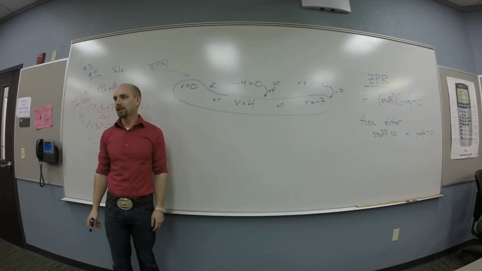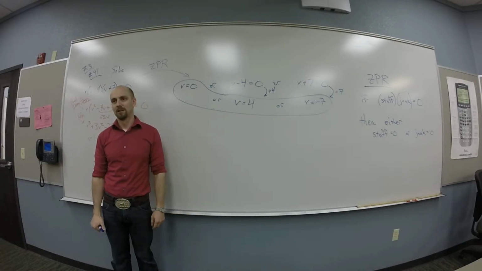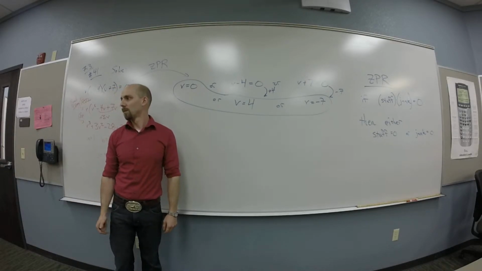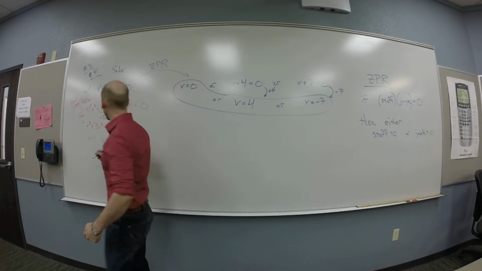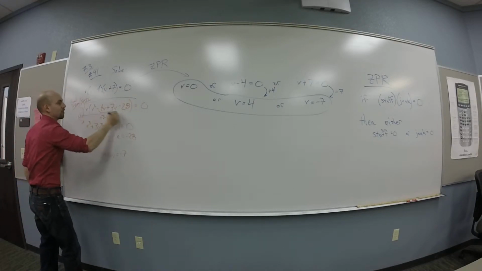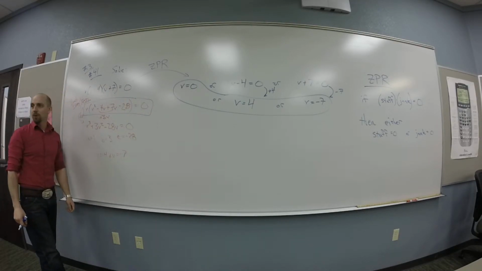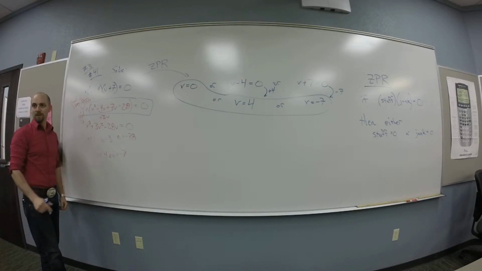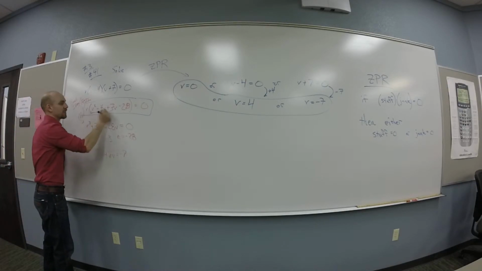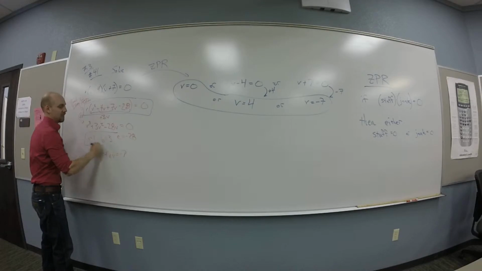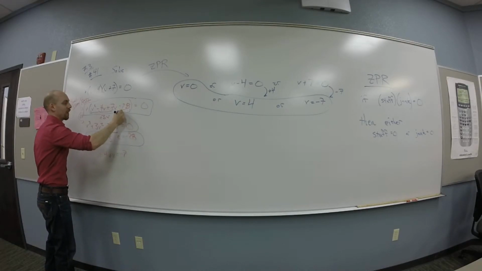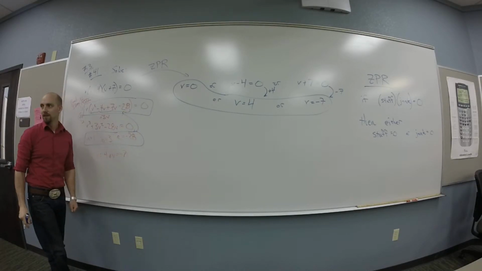How did I know that we lost the 0 there? Yeah, I looked at this one. I looked right here, and I applied the zero product rule to this. You guys see that? This is the A, B, and C that I would have fed into the quadratic.